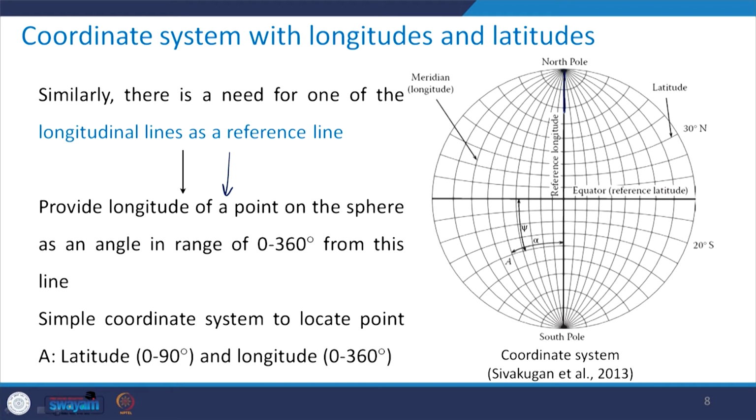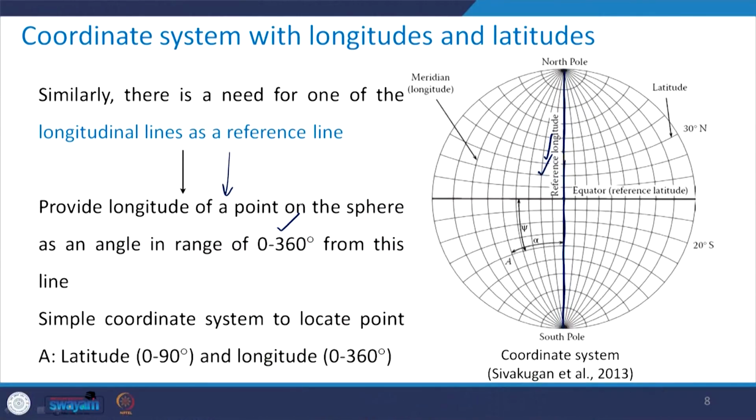Say this is your reference longitude. Now you have the angular measurement all along the periphery with reference to this reference longitude, and you will realize that you are able to traverse the complete sphere. That is why 0 to 360 degrees from this line is going to give the longitude of a point on the sphere.